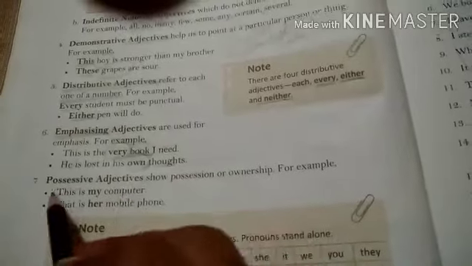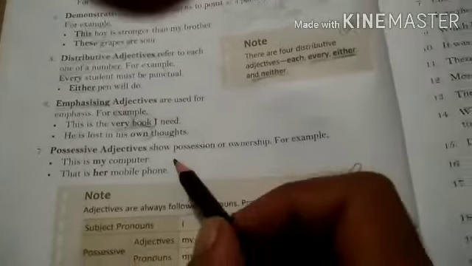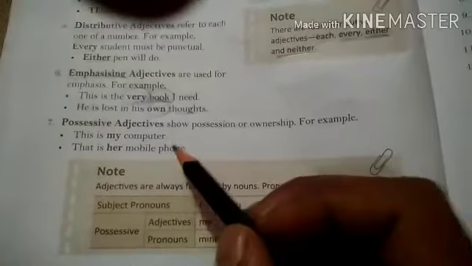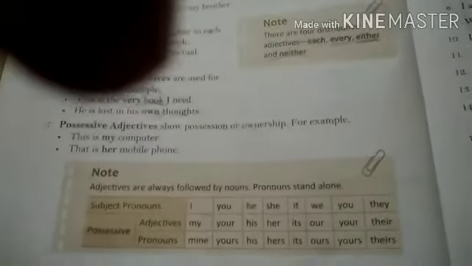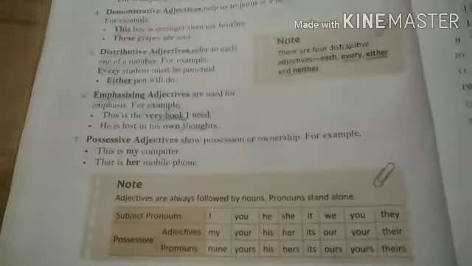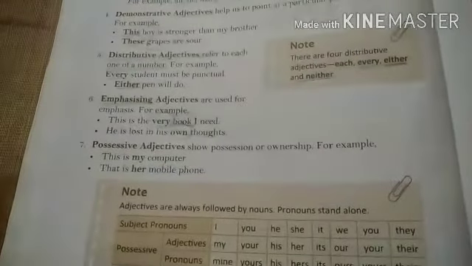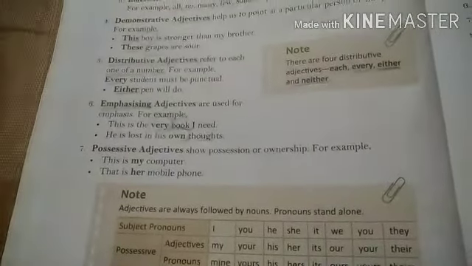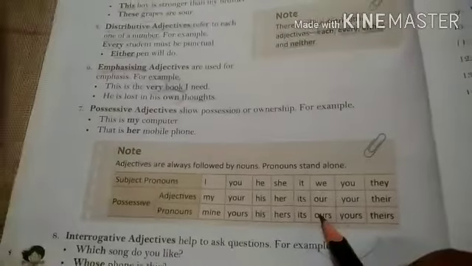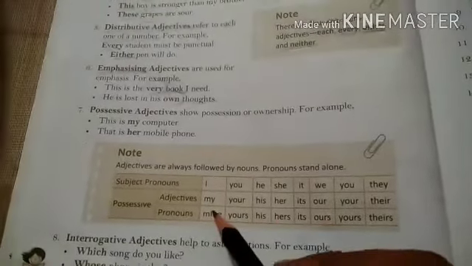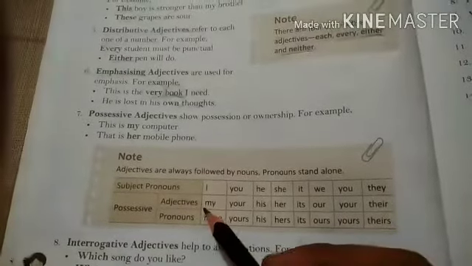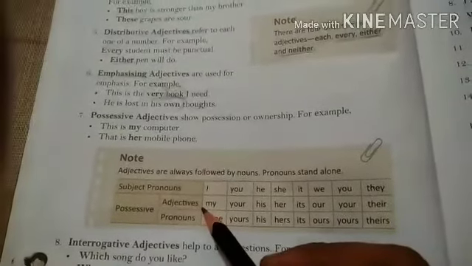Okay, now possessive adjectives. To understand possessive adjectives, sometimes we become confused whether the words we are using are nouns, pronouns or adjectives, because I have already told you in the previous video when I was explaining pronouns.